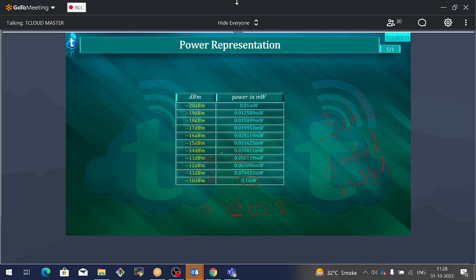If you take another 3 dB, you go here, and you can see that it becomes 0.025. Again, it became half. And again, if you take another 3 dB, it will become half again, 0.0125, which is half of 0.025. So every 3 dB, the power becomes exactly half of the previous power.